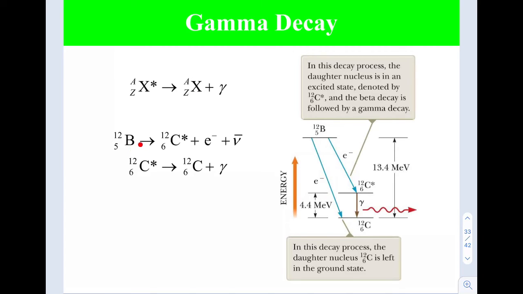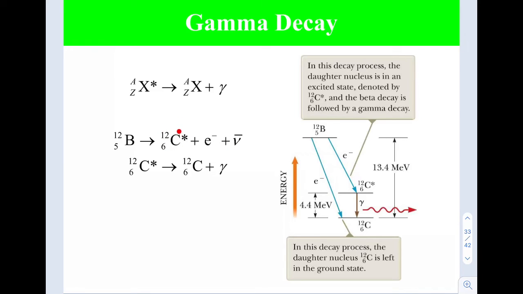For example, boron 12 decays by one beta, or negatron, to become carbon 12. This carbon 12 is in an excited state, meaning there is excess or extra energy within carbon 12. Of course, we know the negatron or electron decay, or beta decay, is followed by an anti-neutrino.